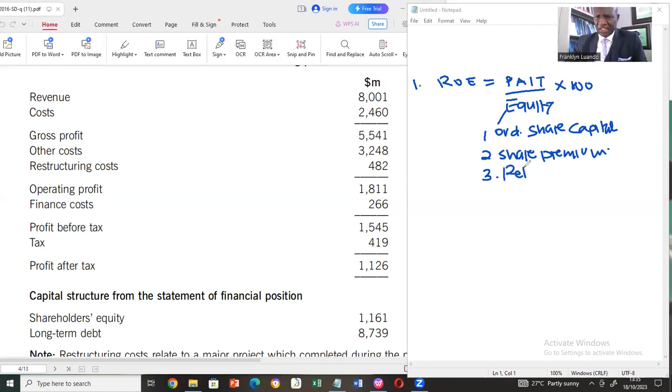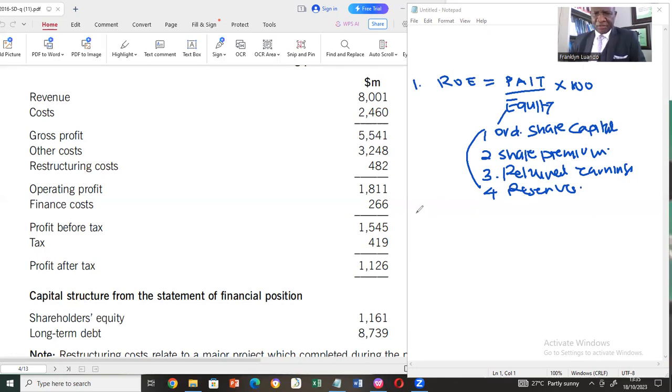We have retained earnings. And then number four, we have reserves. So all these, when you aggregate, you get equity. So that measures the return on equity.